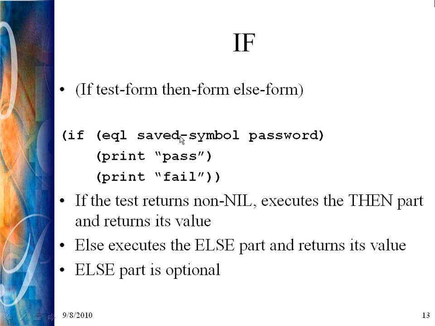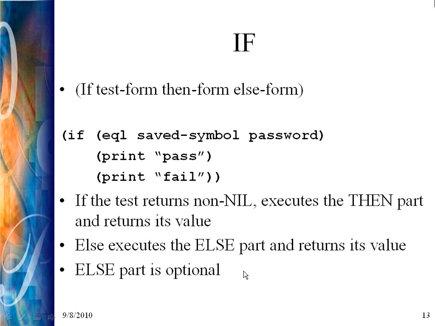If the value of save symbol is EQL, we'll get to equality statements presently, to the value of the variable password, then print pass, otherwise print fail. And just reiterating what I just said, if the test returns non-nil, execute the then part and return its value. Else, execute the else part, and the else part is optional.